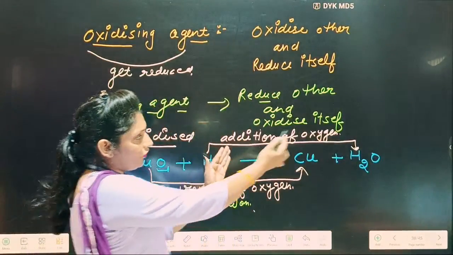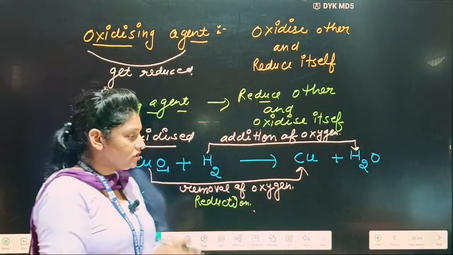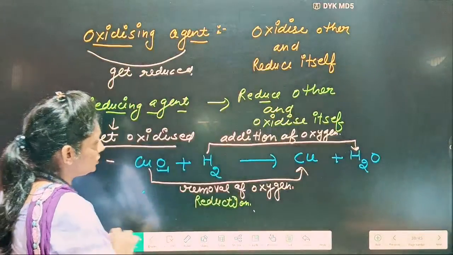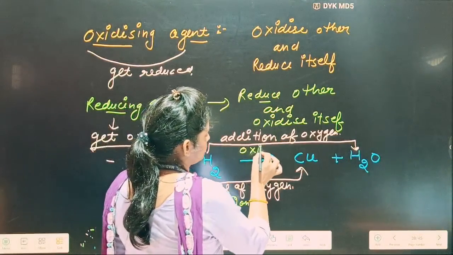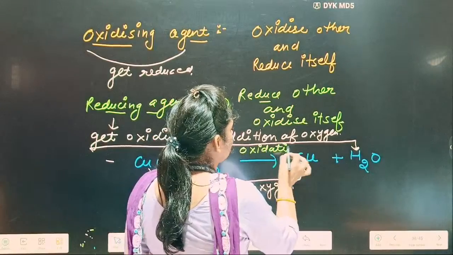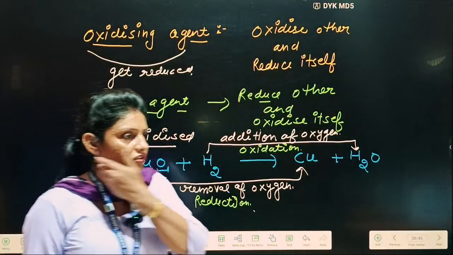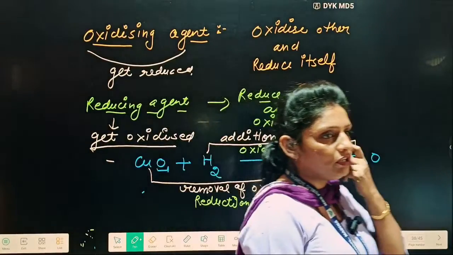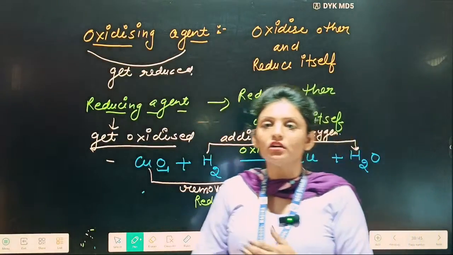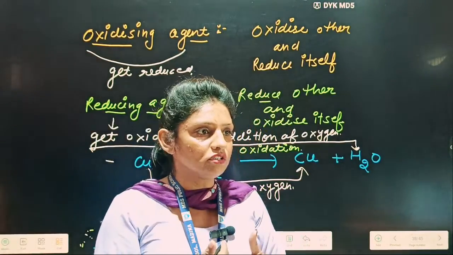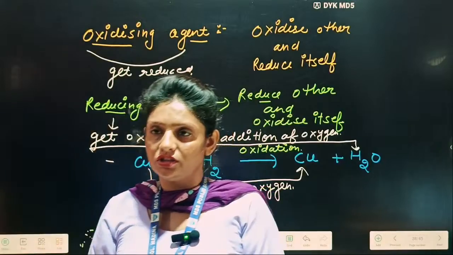So addition of oxygen takes place here, and addition of oxygen is known as the oxidation. You know very well there are two processes, oxidation and reduction. Oxidation means addition of oxygen or removal of hydrogen. Reduction means addition of hydrogen and removal of oxygen.